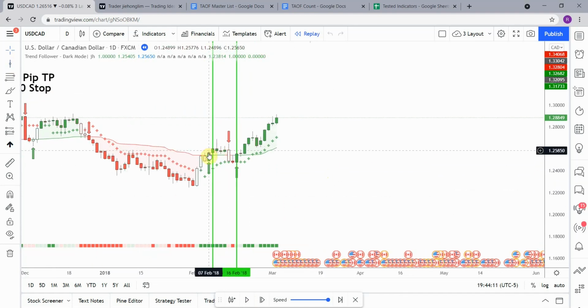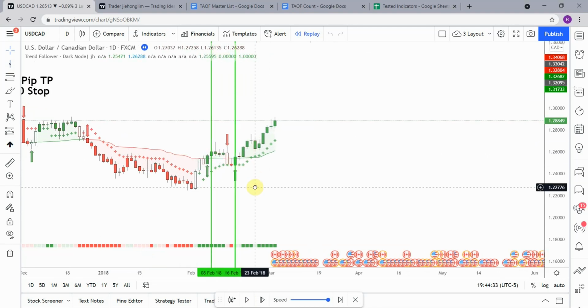All right, so you can see our first signal right here is a long signal. We get that green arrow we were talking about, and that is accompanied by a green bar there. Price action pushes up a little bit, enough to hit the take profit before it starts to roll over and push down a little bit. Then it bounces and starts to take off back to the upside.